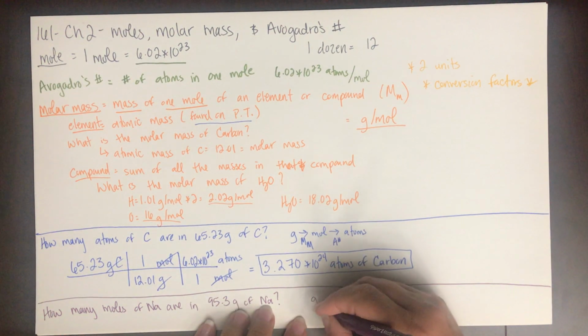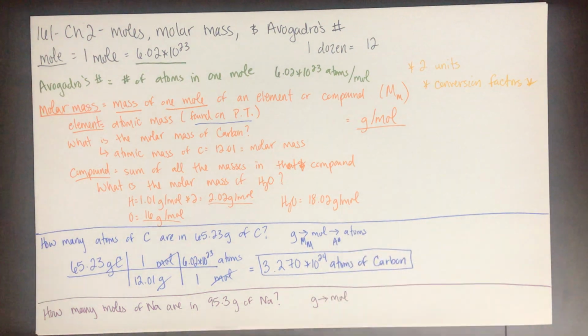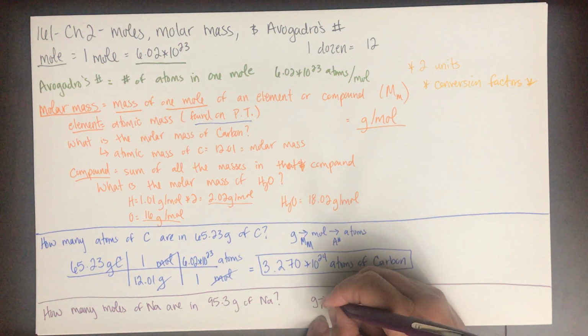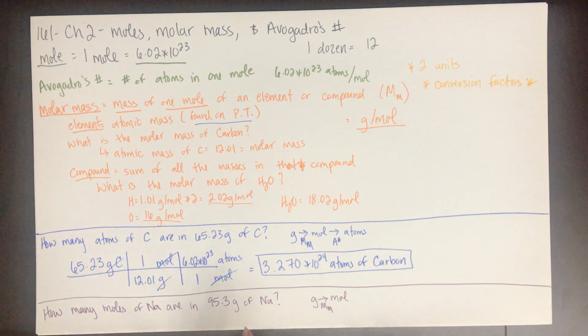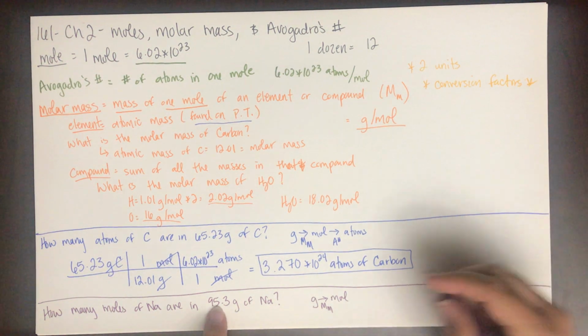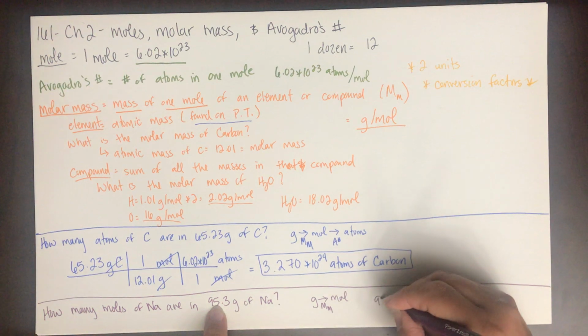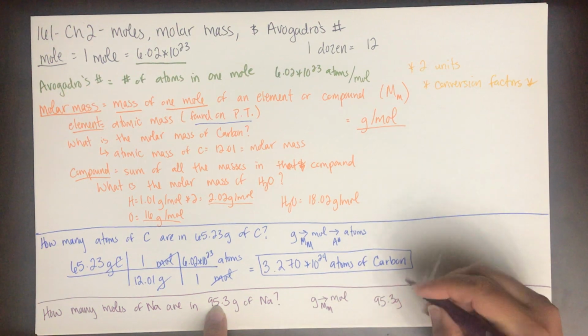The way I go from grams to moles is by using the molar mass. And where do we get the molar mass? We get it from the periodic table. So you're going to find sodium on the periodic table, and you're going to find that the molar mass of sodium is about 22.98 grams per mole, depending on which periodic table you're using. So I'm going to start with what I'm given, 95.3 grams of sodium.